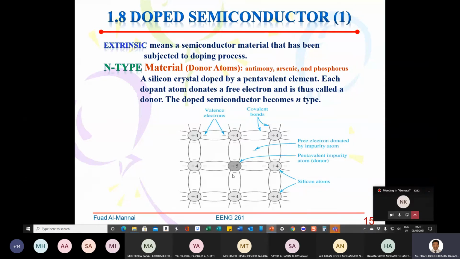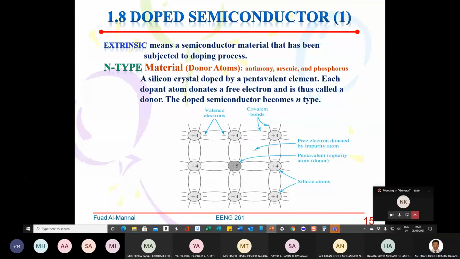Then we wait, and the antimony or phosphorus will dissolve in the pure silicon crystal, as you can see here. So we took phosphorus, for example, and put it in the pure silicon material.